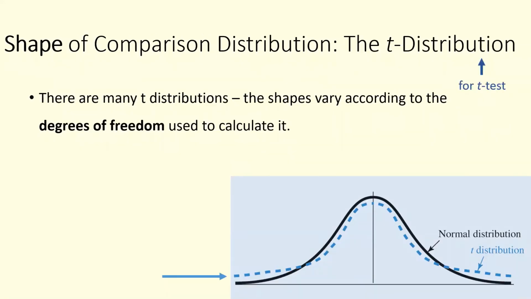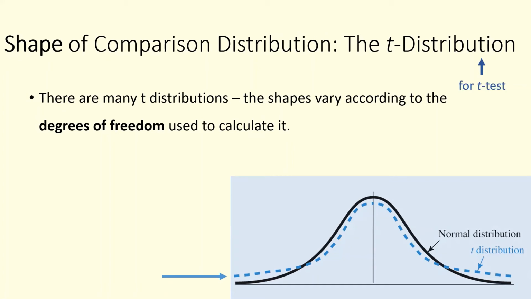For the shape of the t-distribution, there are actually many t-distributions, and they have similar shapes, but the shapes vary based on the degrees of freedom that we have in our particular example. What we can see in this picture is that the t-distribution looks a little bit like the normal distribution, but if we look at the tails in particular, the tails are a little bit higher.